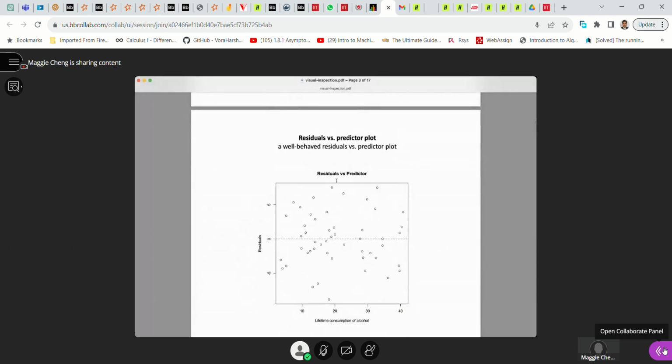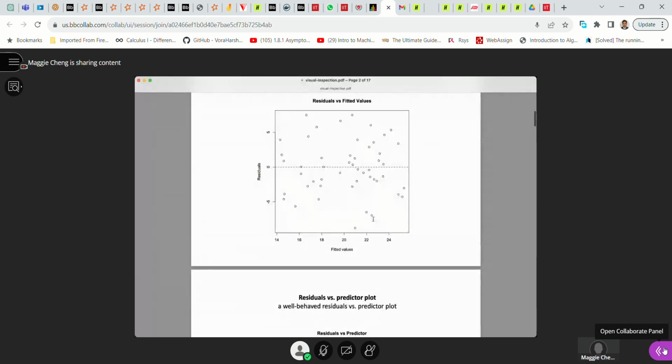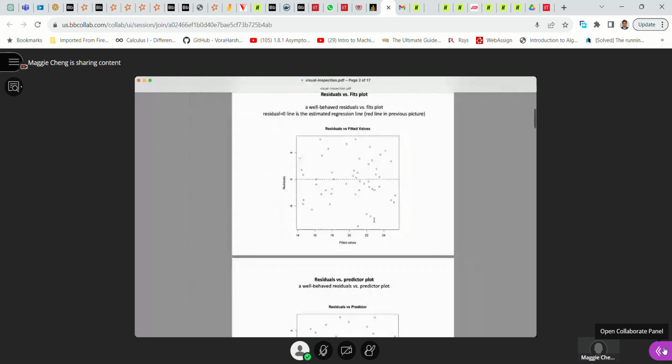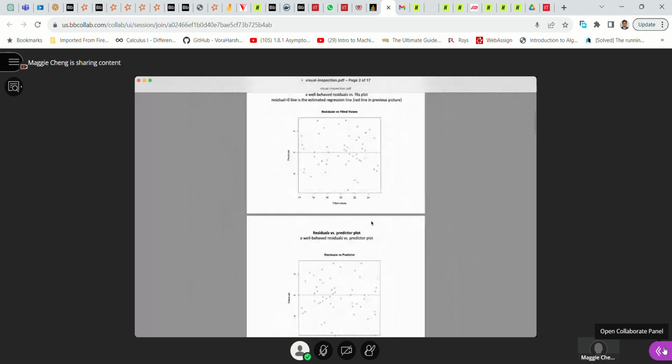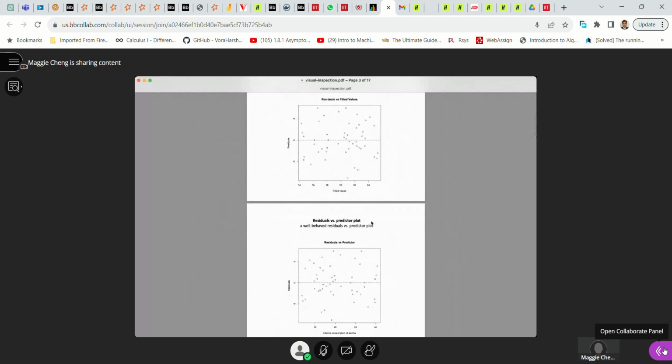So if you plot e_i versus x, this is residual versus predictor. If you look at these two, if I make it smaller, you can see two on the same screen. They look very similar, right?